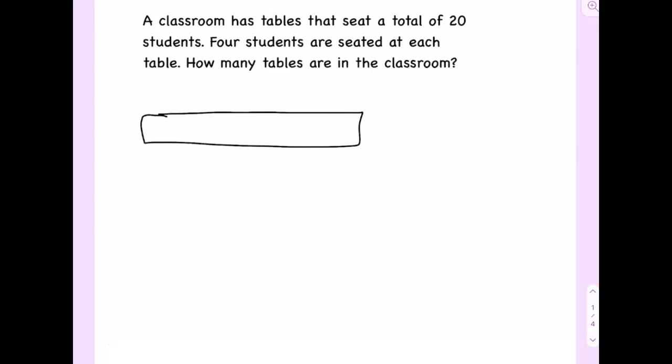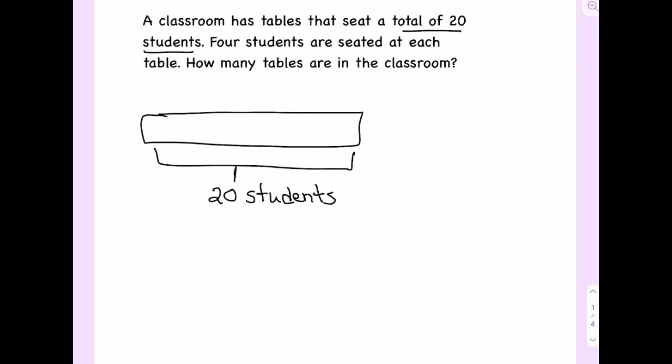And at the bottom, if you remember, you can go back and use the example I gave you. We need to have our total, our combined total. And it tells us here that a classroom has tables that seat a total of 20 students. So down here, I'm going to write my total, and you should do this on a piece of paper at home so that you have an example.